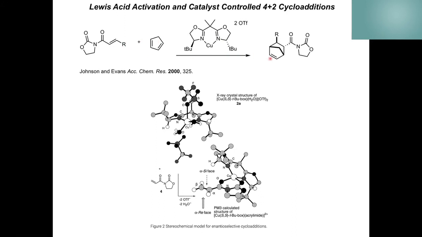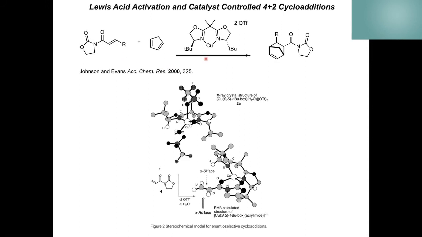And so while this might not look like the most synthetically applicable type of transformation, from a conceptual standpoint, I think this was really innovative and groundbreaking and really moved things in a substantial direction.